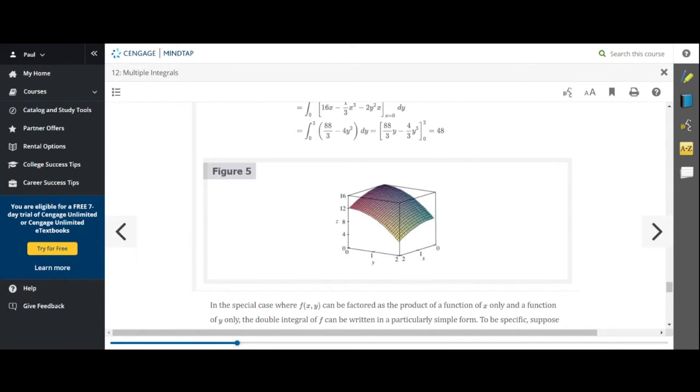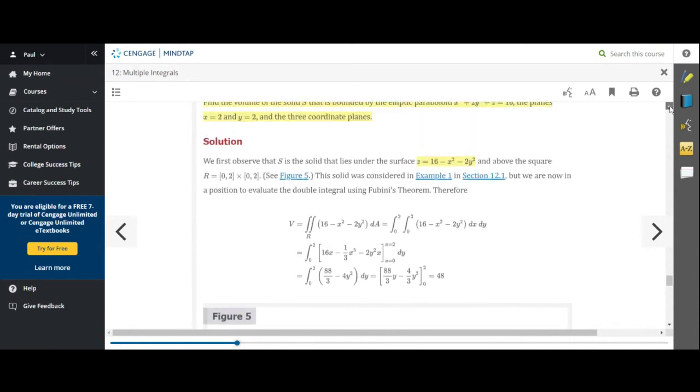That's going to form a rectangular region where x goes from 0 to 2 and y goes from 0 to 2, and the volume above that and underneath the elliptic paraboloid. So this isn't a football. I was thinking of an ellipsoid. No, this is an elliptic paraboloid.